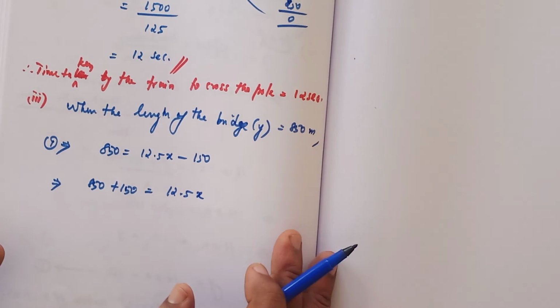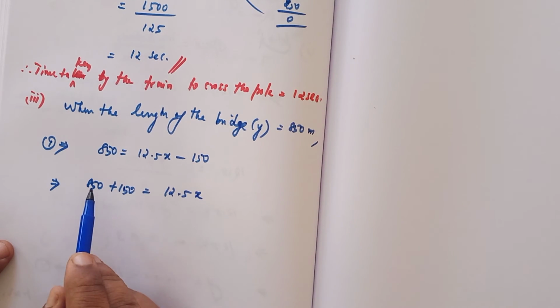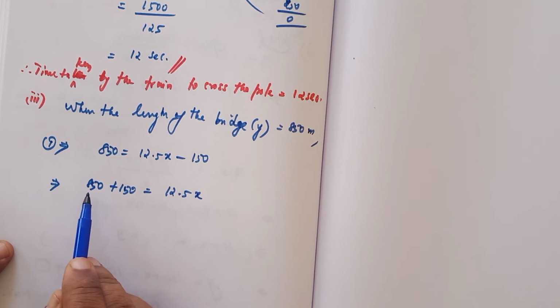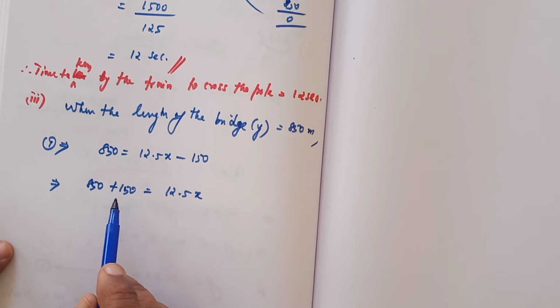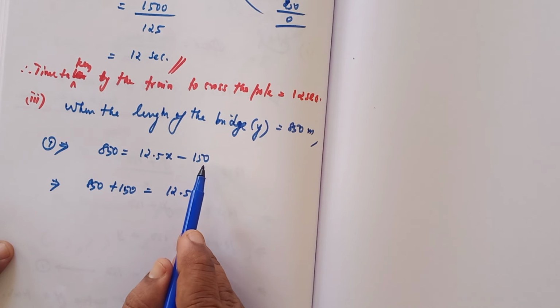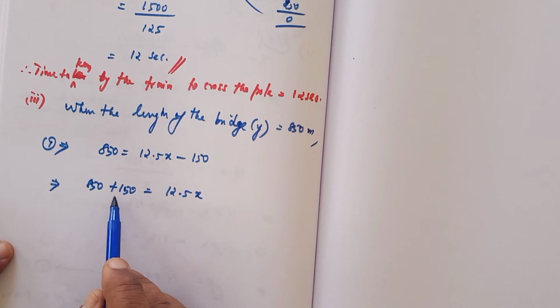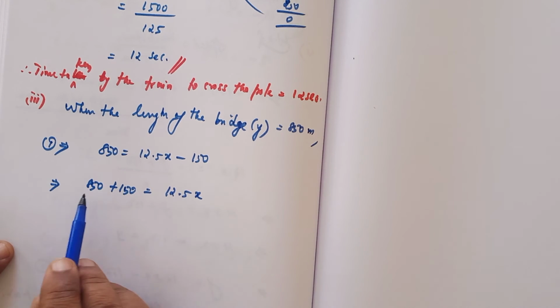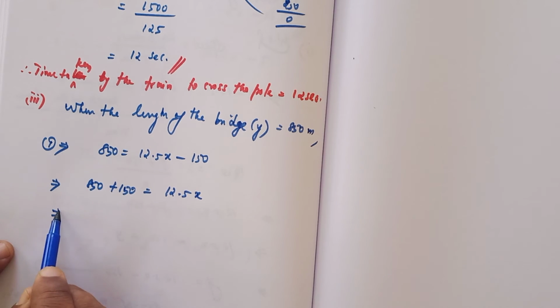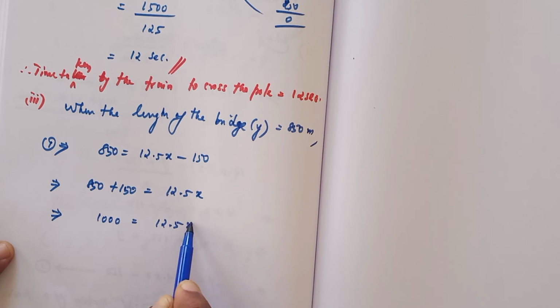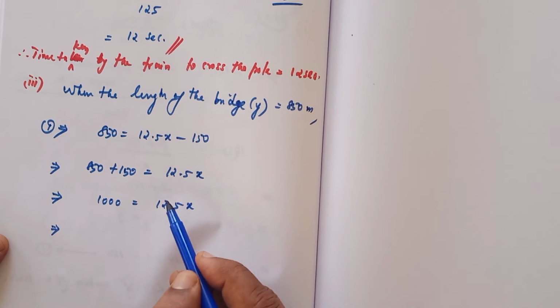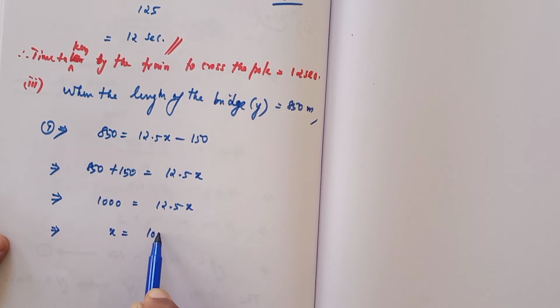So the total distance covered is equal to 1000 meters, because the length of the bridge is 850 meters, and even the length of the train is to be added. So therefore the minus 150 comes to the left hand side, plus 150, and we get 1000 meters to be covered. So 1000 is equal to 12.5x, which implies x is equal to 1000 divided by 12.5.